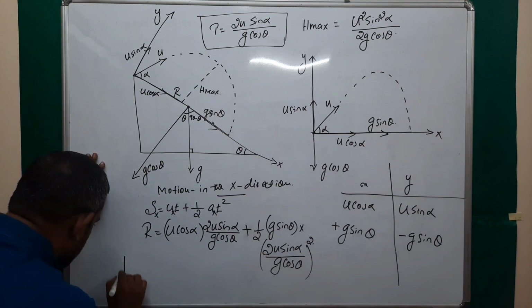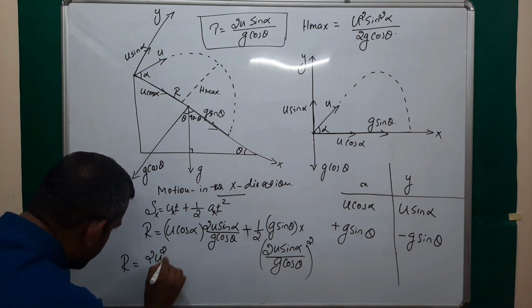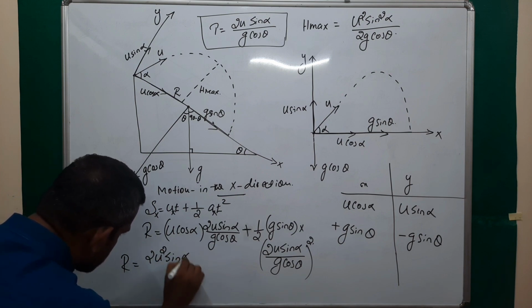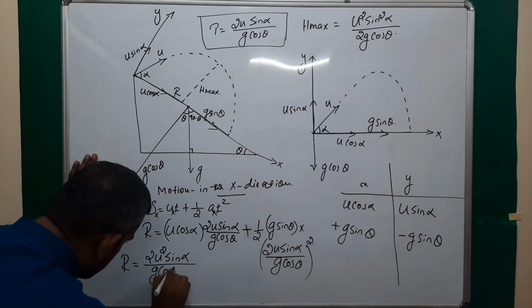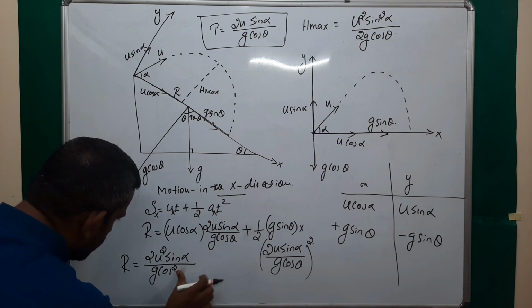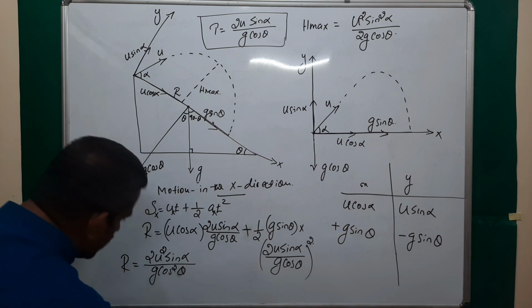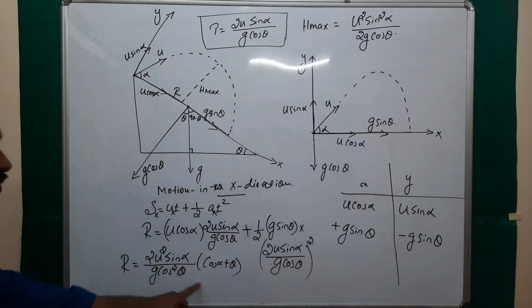R is equal to 2u square sin alpha divided by g cos square theta into cos alpha plus theta. So this is the equation we derived.